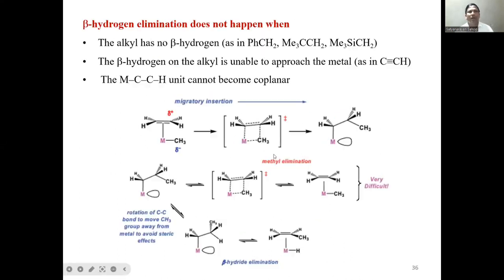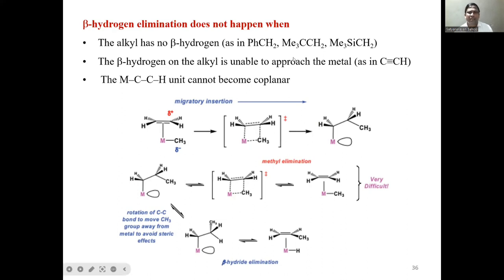Now we will see the cases in which beta hydrogen elimination does not happen. For example, alkyls where there is no beta hydrogen, such as benzyl or neopentyl. There is no beta hydrogen, so there is no question of beta hydrogen elimination. The second case, the beta hydrogen on the alkyl is unable to approach the metal, as the carbon is already sp hybridized.